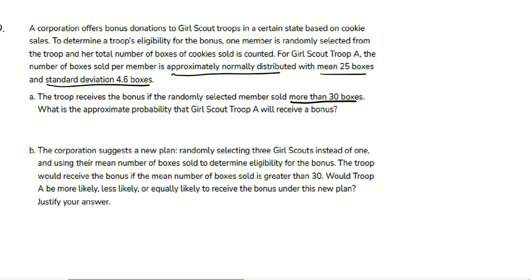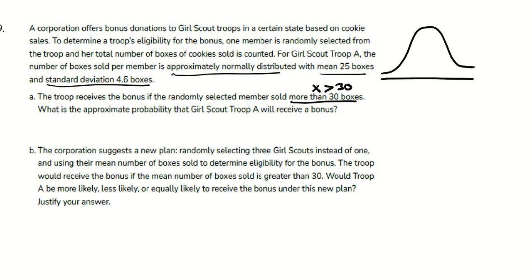Okay, so it looks like they're saying that X is greater than 30, right? It has to be more than 30 boxes. We know that it's approximately normal, so it's going to be a normal distribution for X, and the mean of that normal distribution is 25, and the standard deviation is 4.6.